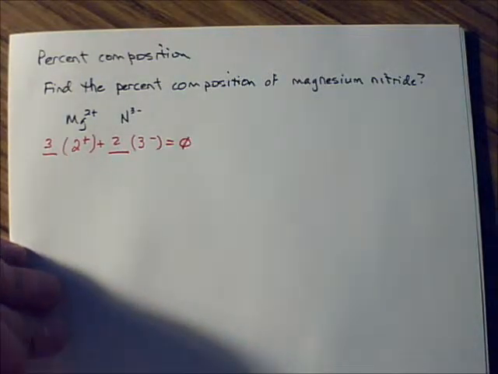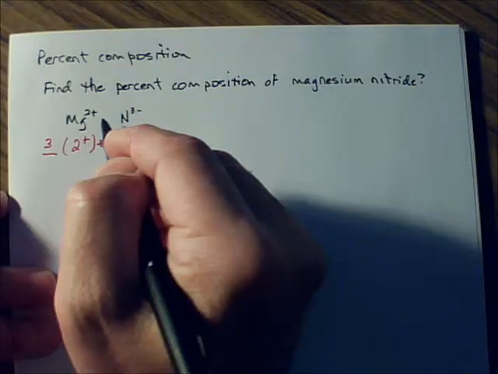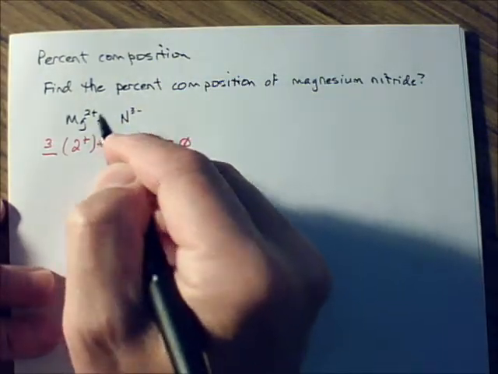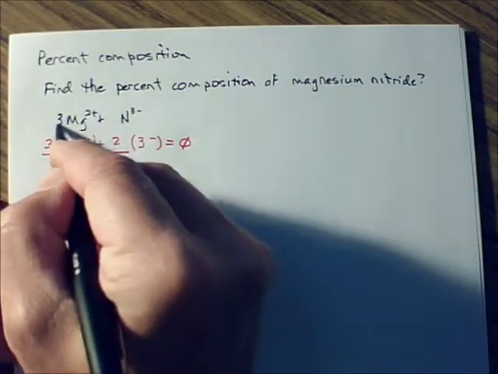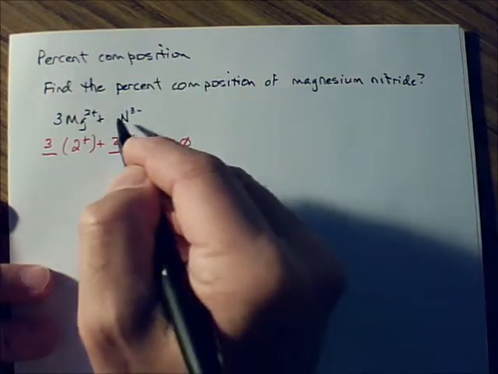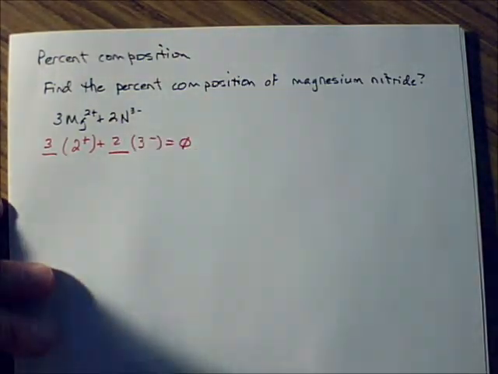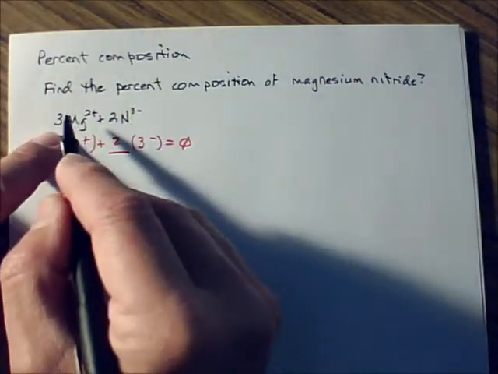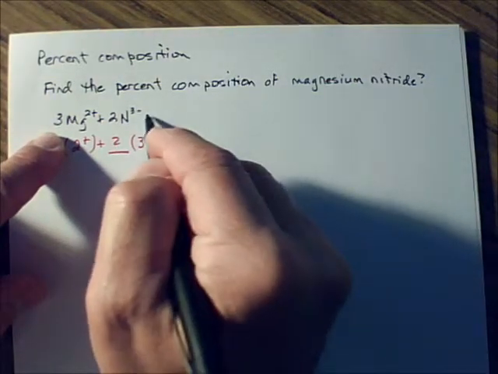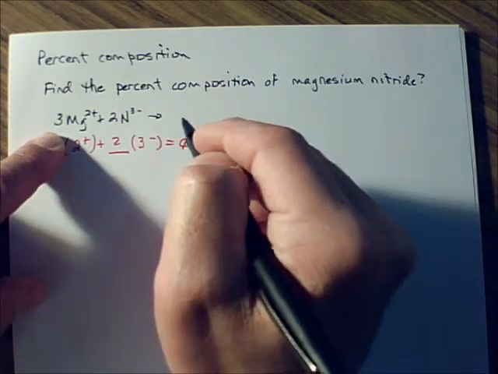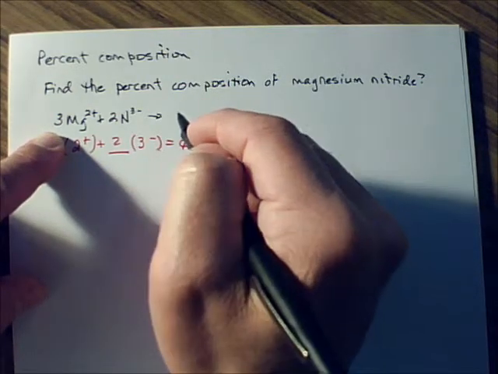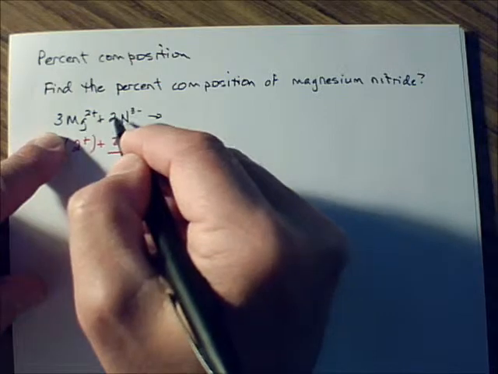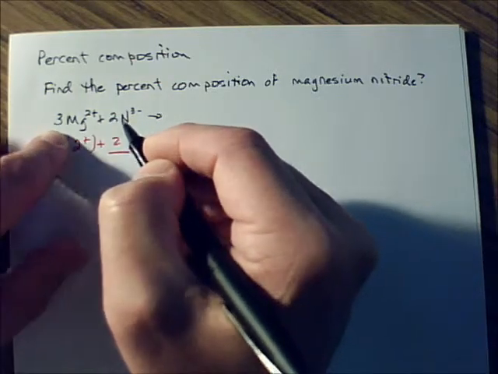So the formula for magnesium nitride will have to have 3 magnesium ions and 2 nitride ions. And these are unbonded ions, separate right now. When we put them together, the formula for the compound will have subscripts to show that these elements are bonded together.